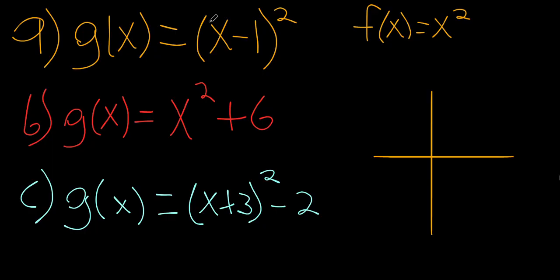Okay, and now it's in parentheses, so we know we're going to horizontally shift. So let's go ahead and give this a try. First of all, we have our original parabola here. And we're going to transform it horizontally. We have minus 1, so that means we're going to move over to the right 1. Remember, when it's in the parentheses, it's the opposite of what you expect. And it is an identical parabola. Okay, shift it over to the right 1.